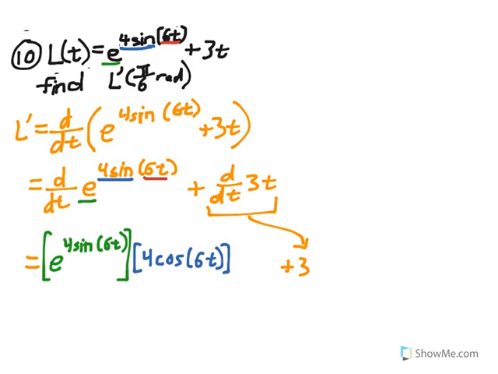Last part is to take the derivative of the inner function. Inner function is 6t, derivative of 6t is 6.